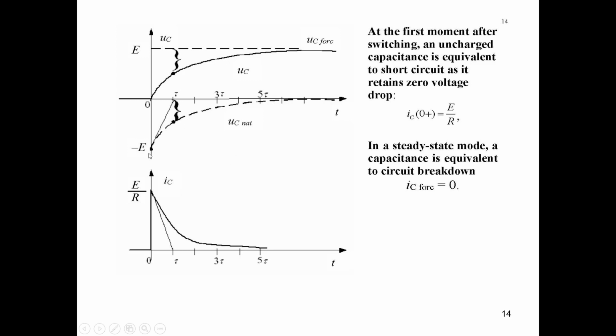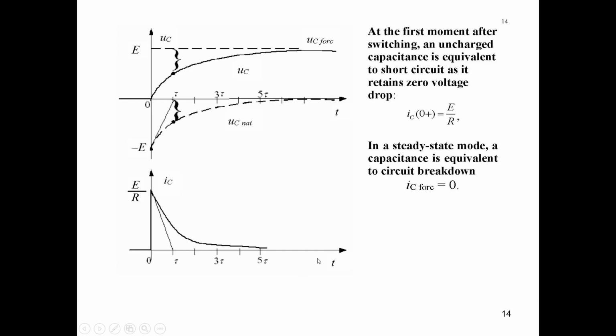When we sum up this UC natural and this UC forced, we have this exponential function UC. And we can see that at the first moment t equal to 0, this value retains its 0 value as it was before commutation. It will be the same at the moment just after commutation.